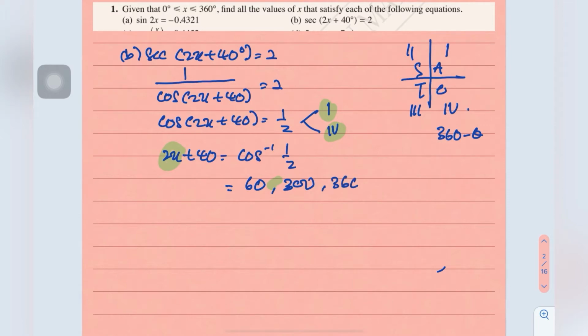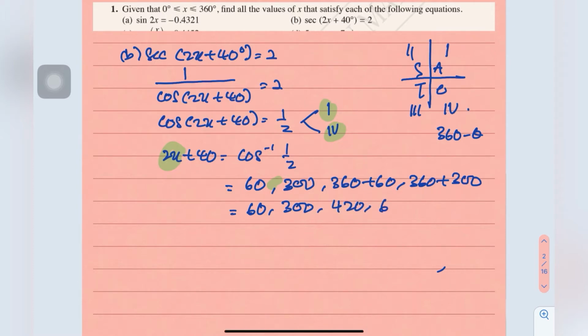So 360 plus 60 and 360 plus 300, which equals 420 and 660.